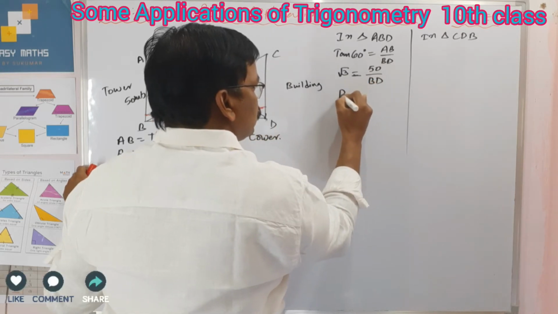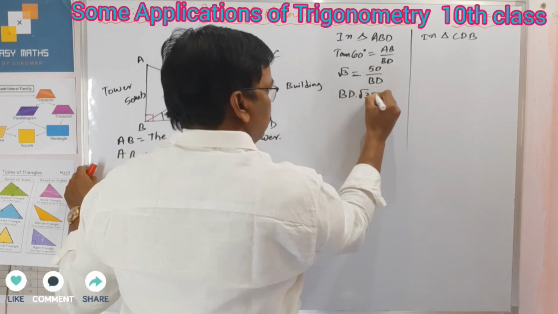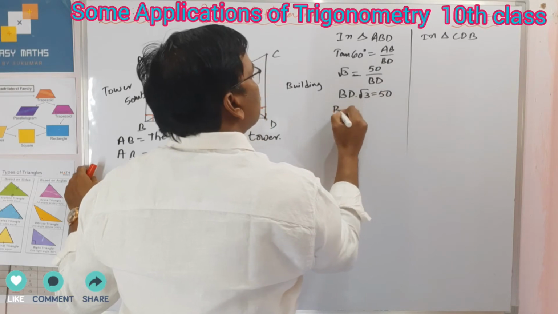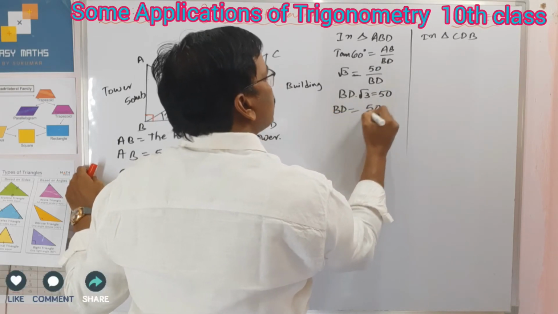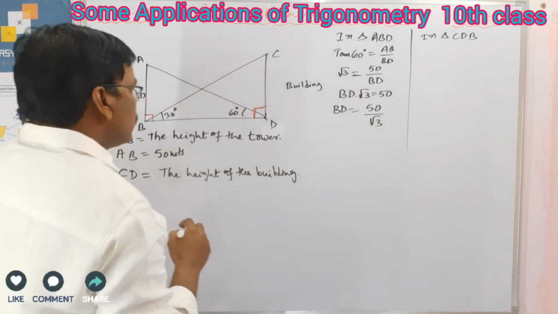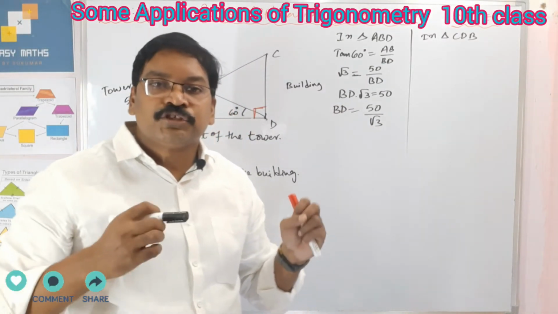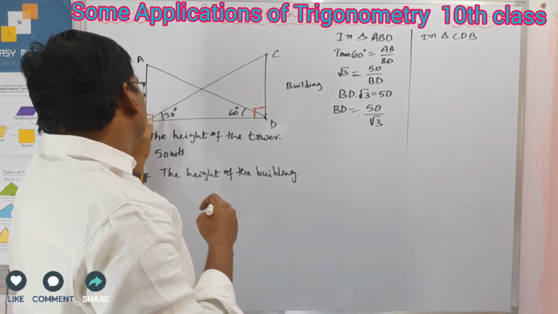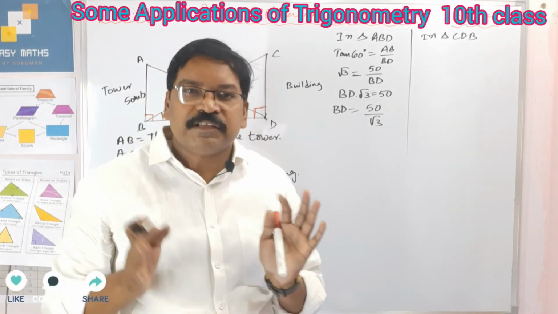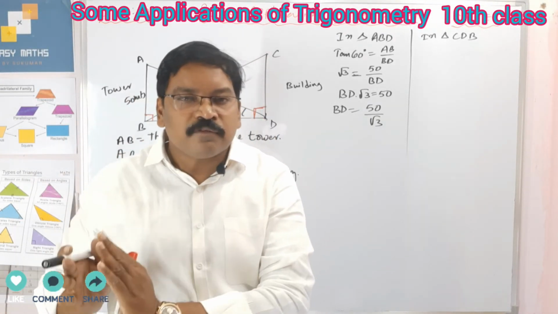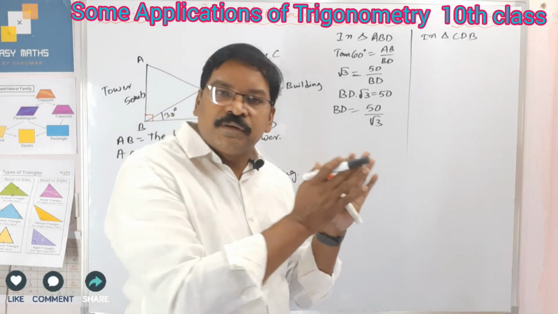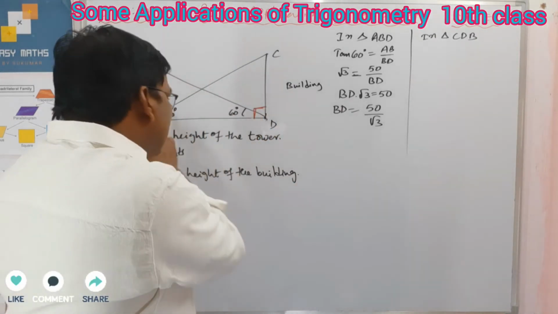So BD into root 3 is equal to 50, so BD is equal to 50 by root 3. Understand, my dear students, this BD means the distance between the tower and building, the distance between the bottom of the building and the bottom of the tower.